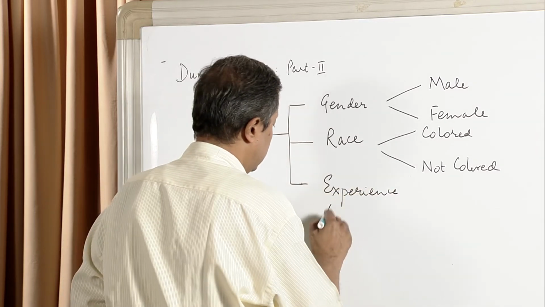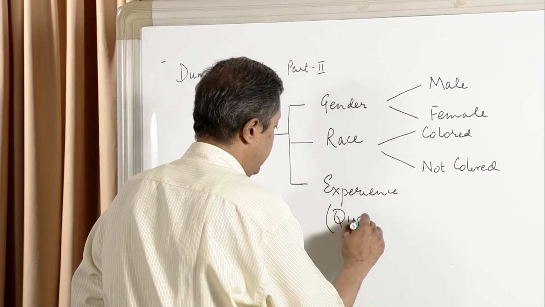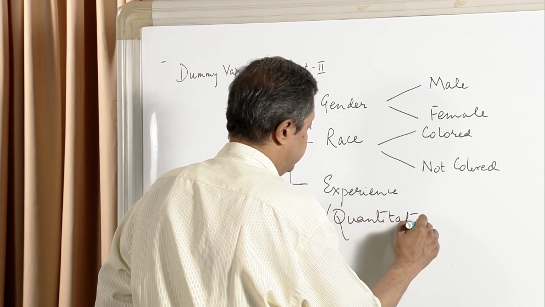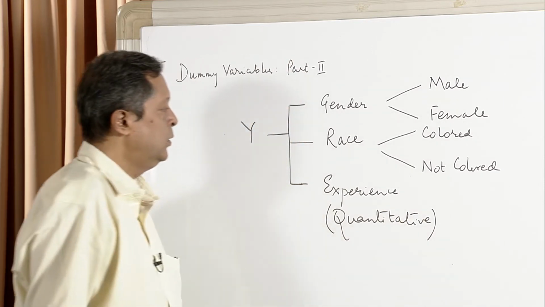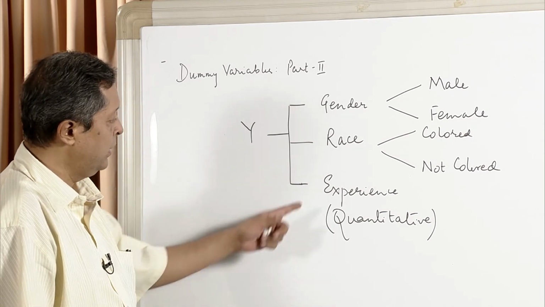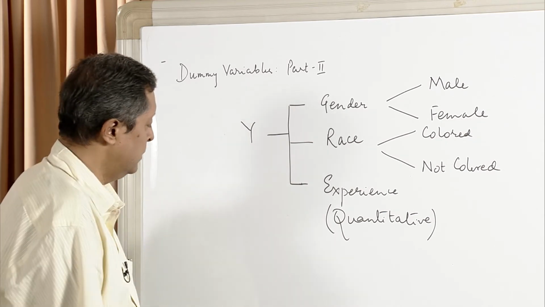So, this is a quantitative variable. You will have noted that gender and race are qualitative variables and experience is a quantitative variable.